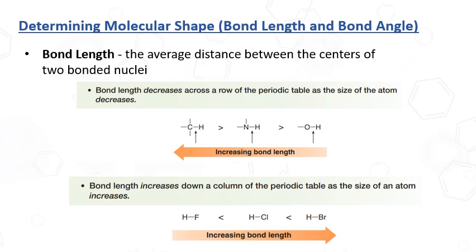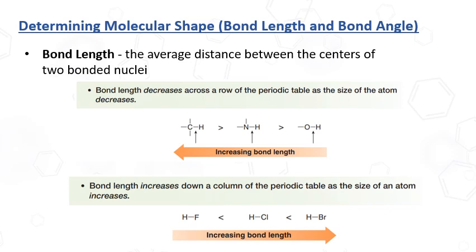Now we go to determining molecular shape. There are two factors that determine the shape of a molecule, and that is bond length and bond angle. Bond length is the average distance between the centers of two bonded nuclei or two atoms. If you go from left to right of the periodic table, the periodic trend for atomic size is decreasing.